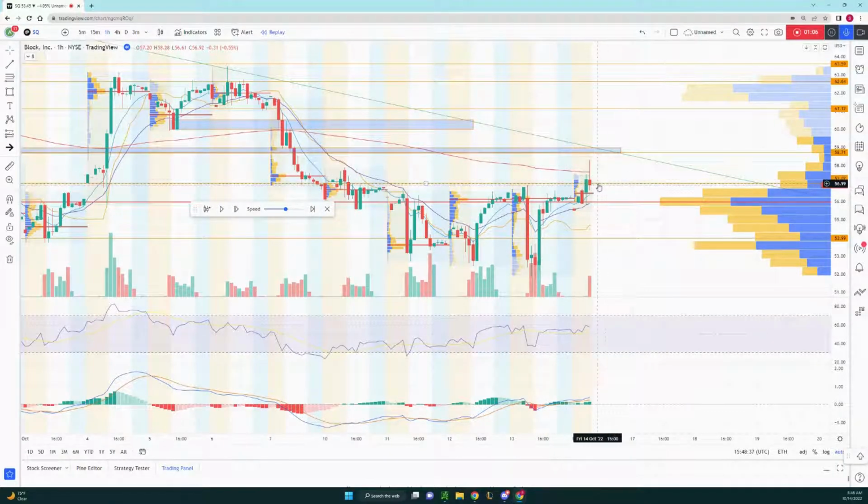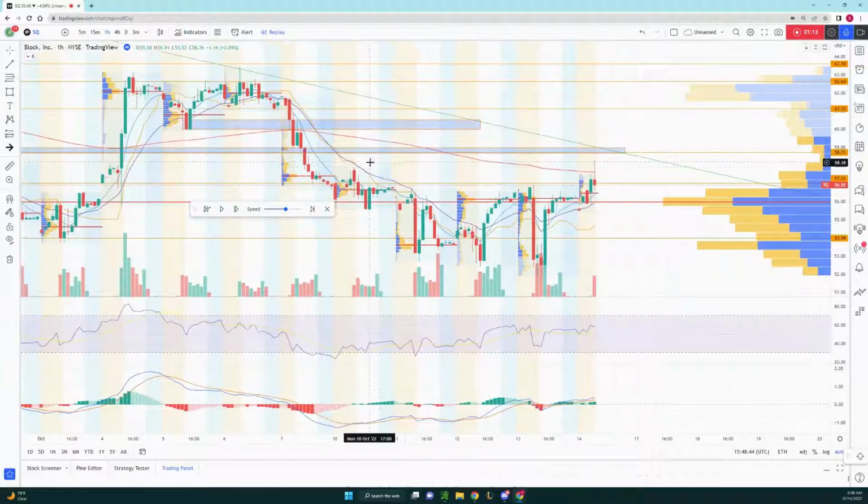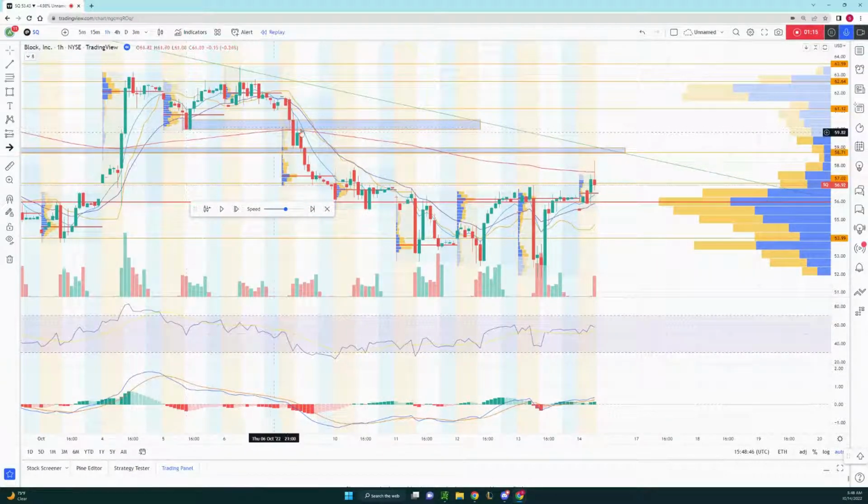So my entry would have been another test of this high, using this as a supply zone. This is the zone where previously we had a demand, broke down, retested, and we flushed all the way down again. So using this also as a supply, and the 200 EMA as a resistance area.